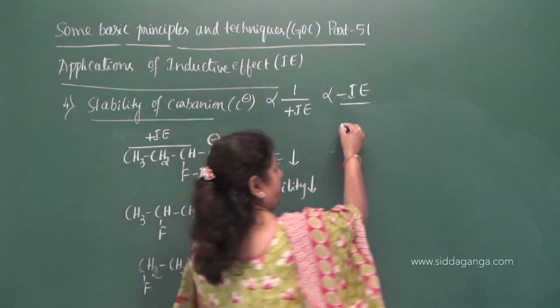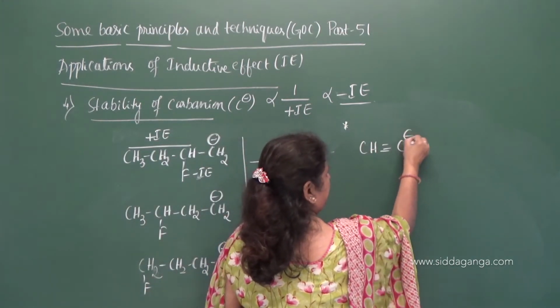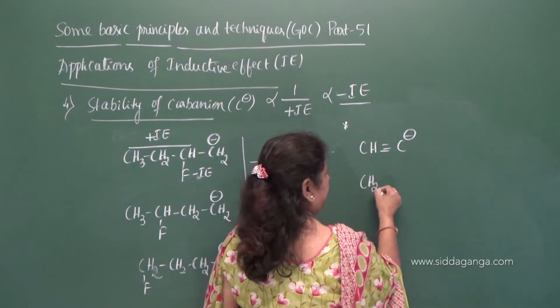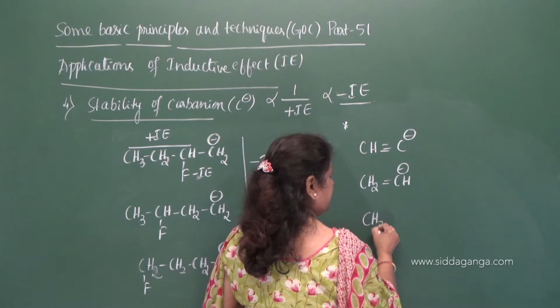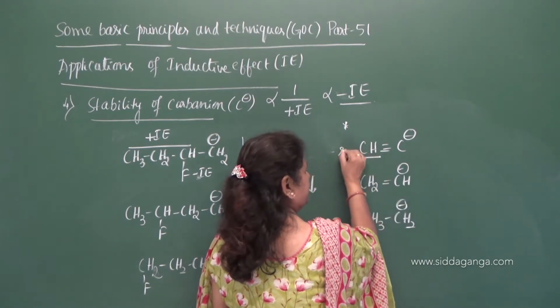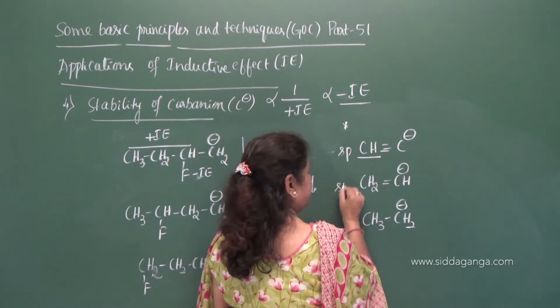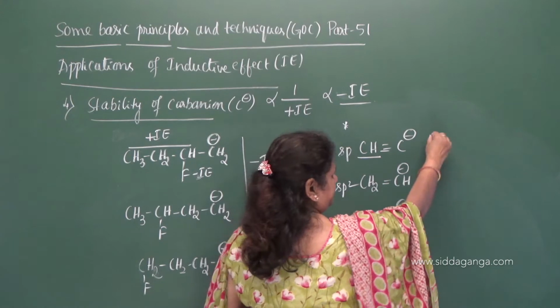And one more example, you take CH triple bond C minus, CH2 double bond CH minus, CH3 CH2 minus. As we know, sp hybridized, sp2 hybridized, sp3 hybridized.